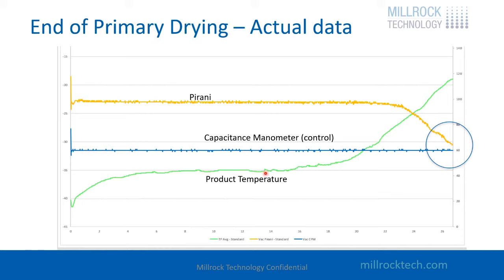The product temperature here is maintained at about minus 35, and unfortunately, we don't have the shelf temperature in here. I think we're running the shelf temperature at about minus 20 degrees or something like that. So the product runs much cooler than the shelf temperature. And then you can see the product temperature coming up, which means that there's no water or ice present, and that's the end of primary drying.